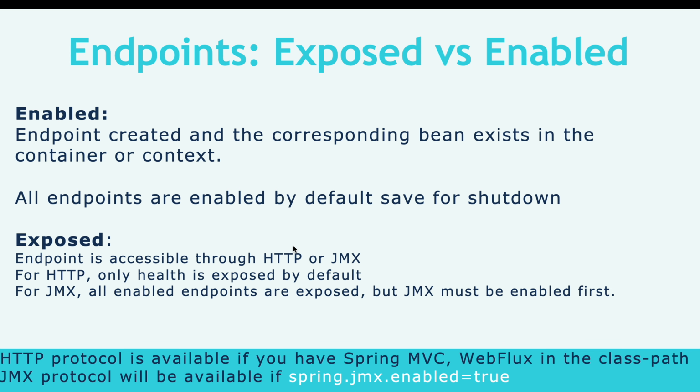And we saw that all endpoints for HTTP are enabled by default, but only the health endpoint is exposed, which means you can access it. For JMX, all endpoints are exposed, and all endpoints are enabled.